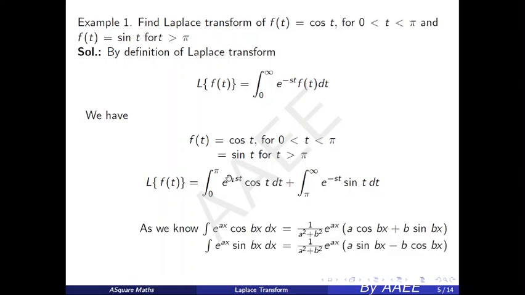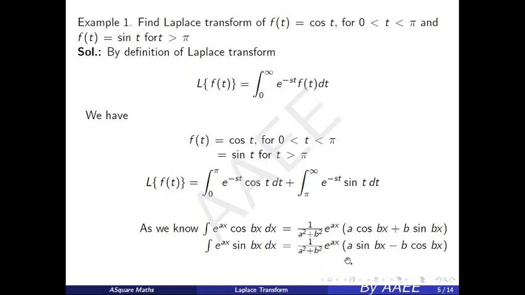Now we are going to find the value of this integral and this integral. Now we have the integral of e raised to ax cos of bx dx is equal to 1 upon a square plus b square e raised to ax, a cos of bx plus b sin of bx, and e raised to ax sin of bx dx is equal to 1 upon a square plus b square e raised to ax, a sin of bx minus b cos of bx.